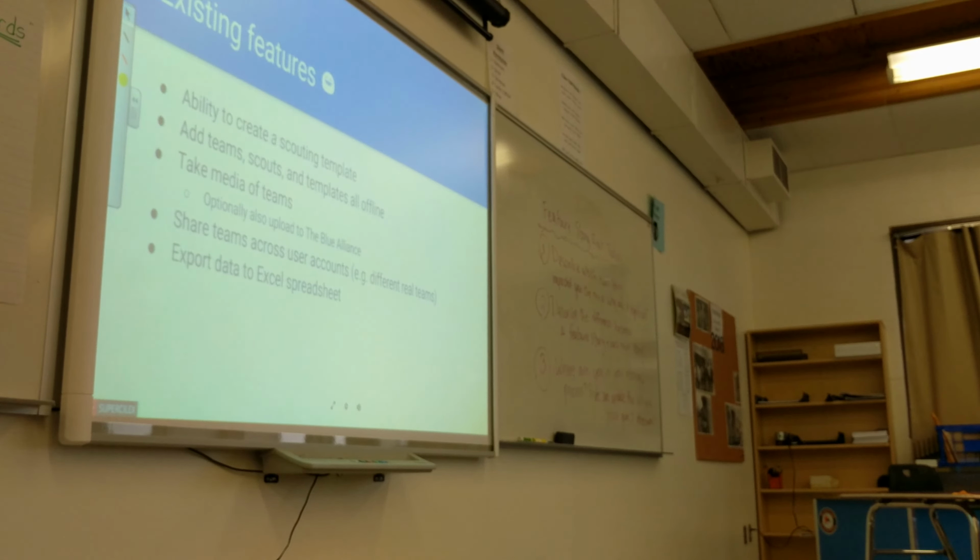Then we also have media. What we saw last year was that teams didn't always upload the latest pictures of their robot to The Blue Alliance. Robot Scouter shows the pictures prominently, so you can figure out what robot you're looking for just by looking at the picture.